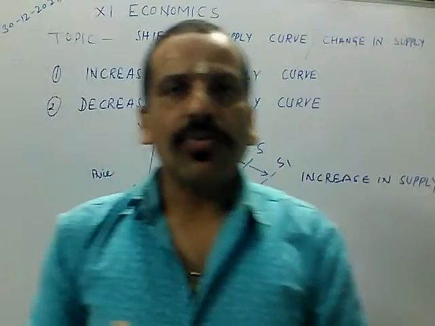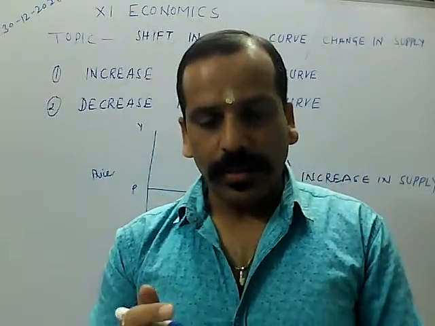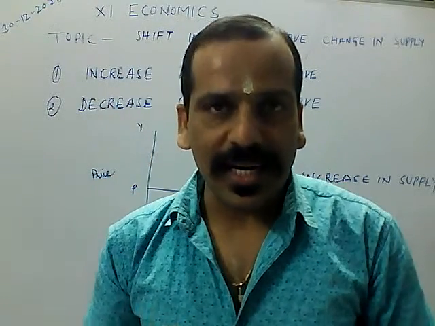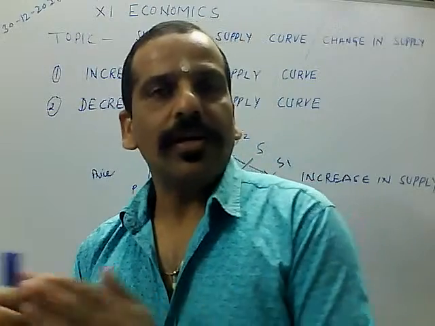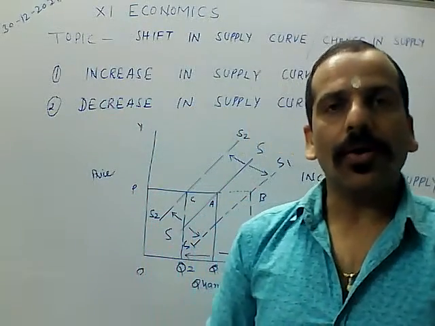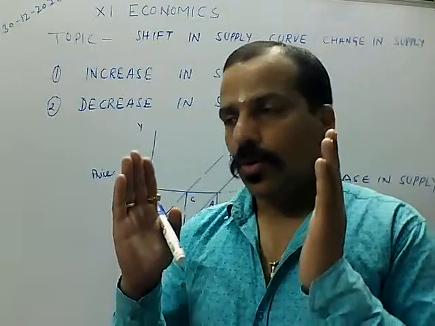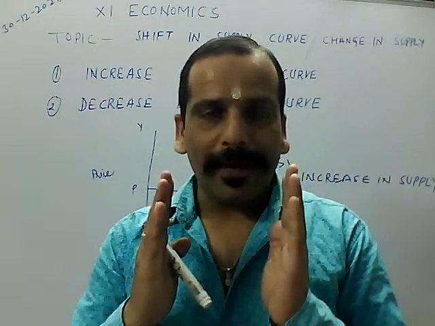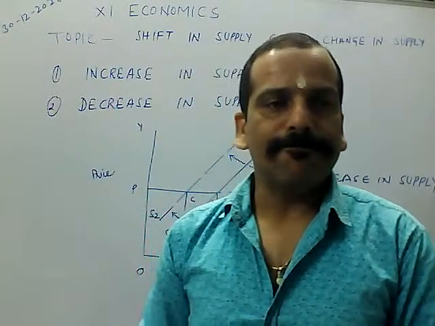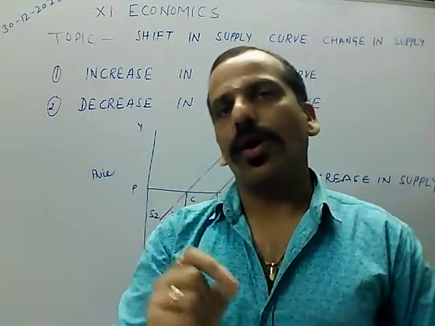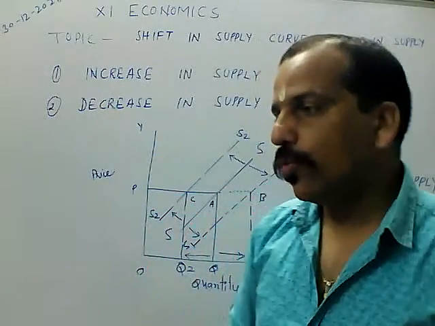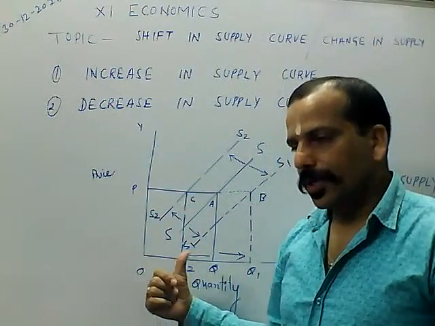It may be because the government has increased the tax, unfavorable taxation policy, or factors of production are costly, or your motto is profit maximization. Let the aim of your firm be profit maximization, so you will sell less.